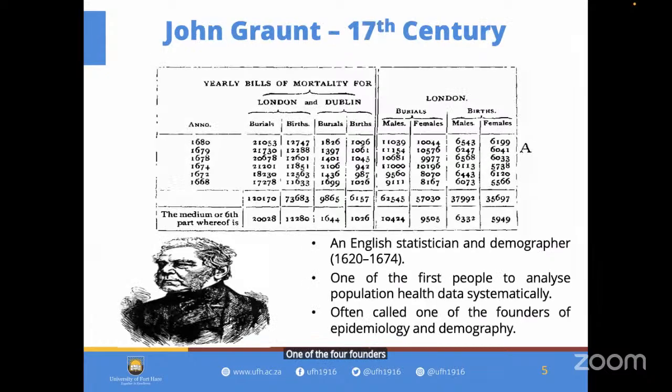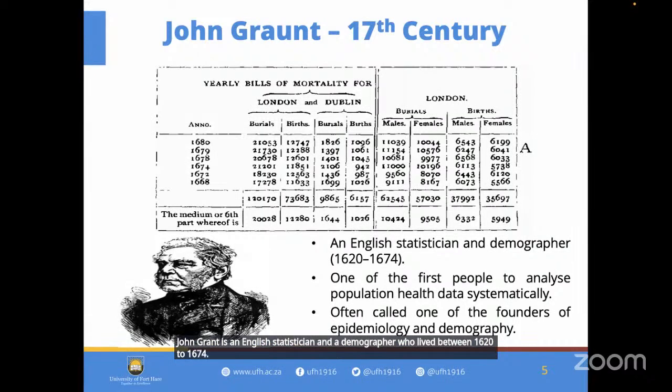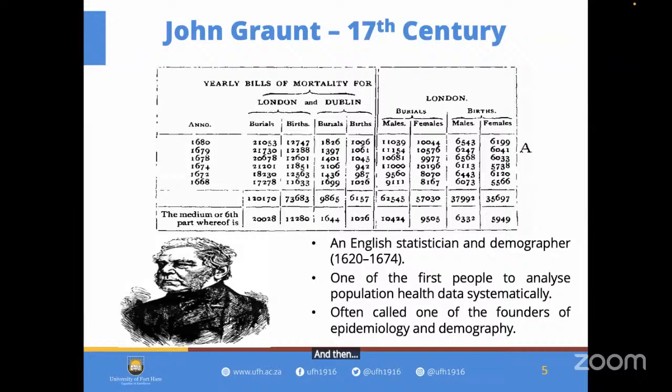One of the founders of epidemiology is John Graunt, who lived in the 17th century. John Graunt was an English statistician and a demographer who lived between 1620 and 1674. He was one of the foremost persons who tried to come up with population health data. And what did he do?